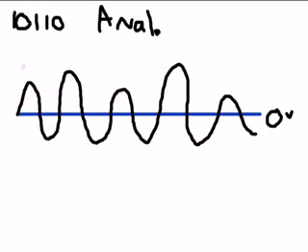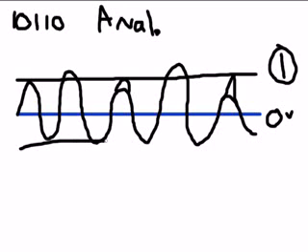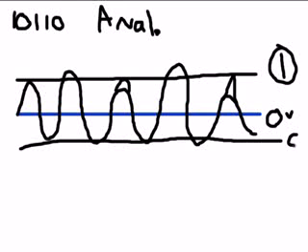Anytime you have a positive volt right here, and of course these are supposed to be touching, I just really suck at drawing, then your hardware on your network is going to read a 1. And anytime you have a negative volt, your hardware is going to read a 0.